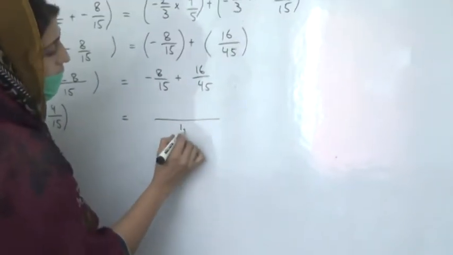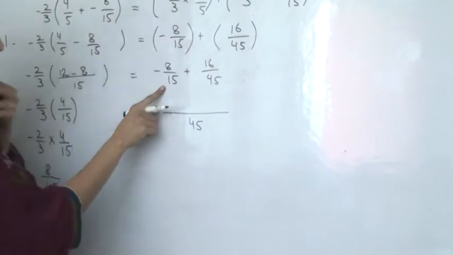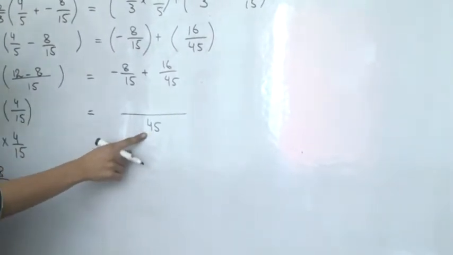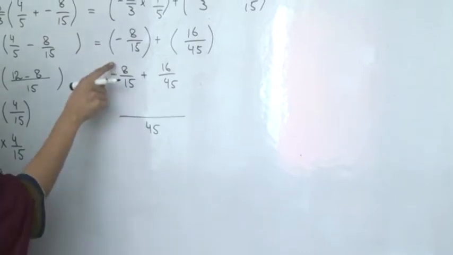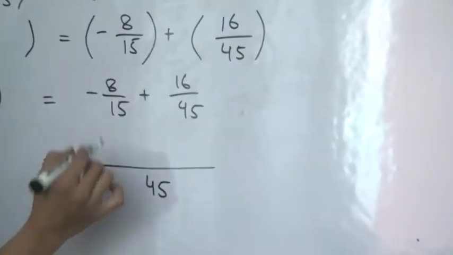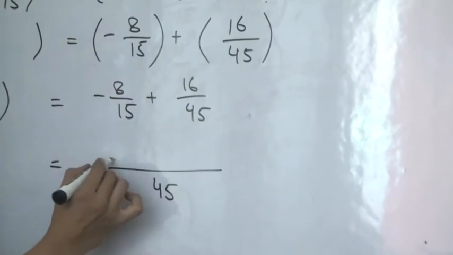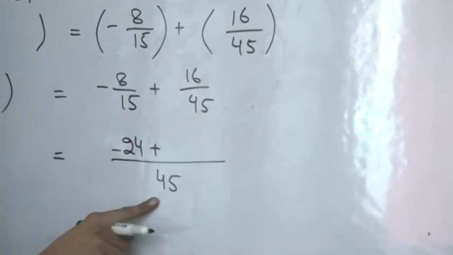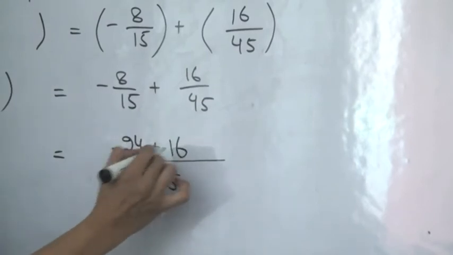LCM will be 45. Now we will divide 45 by 15. 15 3s are 45 and we will multiply 3 with minus 8. 3 multiplied by minus 8 gives minus 24, plus 45 1s are 45, so 16 1s are 16.